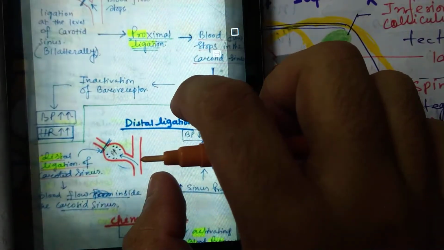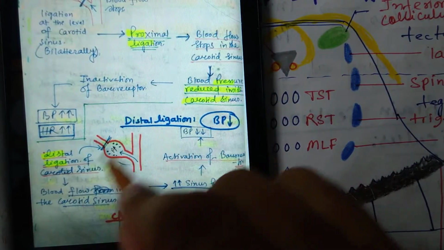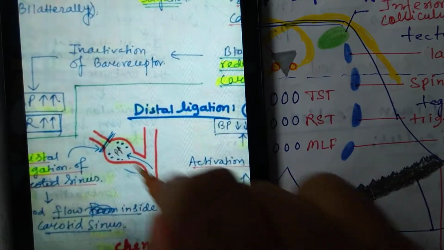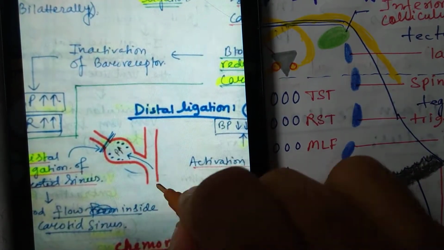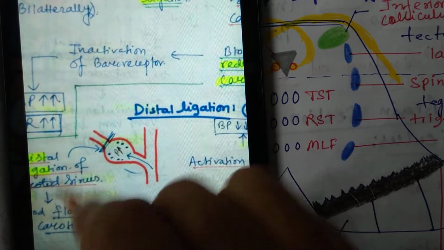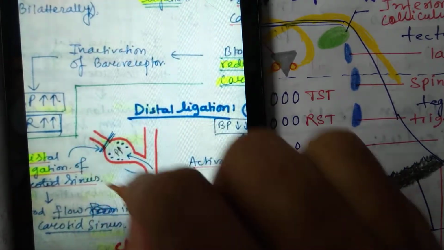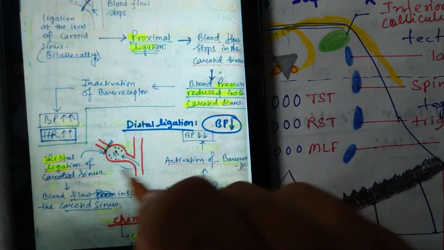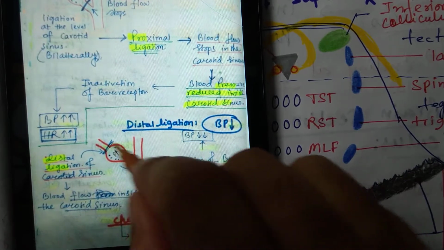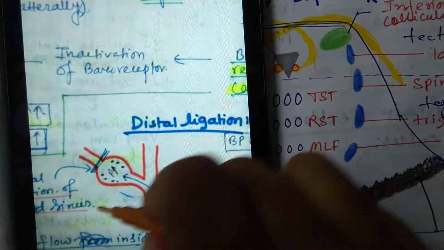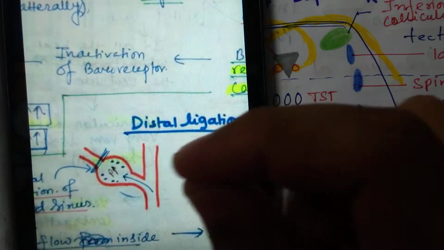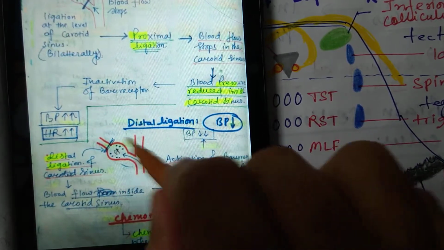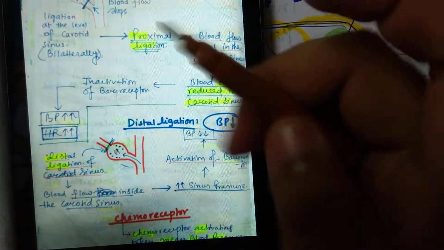Okay, look, the carotid sinus is ligated at the distal portion. Then the blood enters into the carotid sinus, but there is no exit point for blood. Blood cannot exit from this carotid sinus. So blood accumulates inside the carotid sinus and blood pressure also increases inside it, causing distension of the carotid sinus wall, and the baroreceptors located in the wall sense this pressure change.